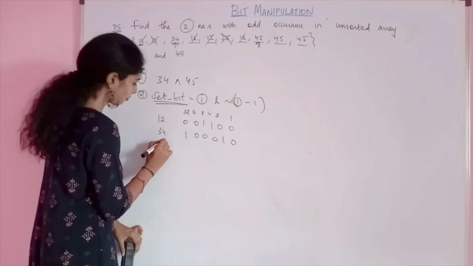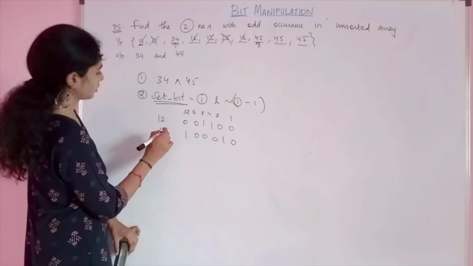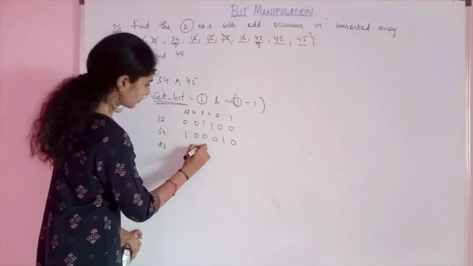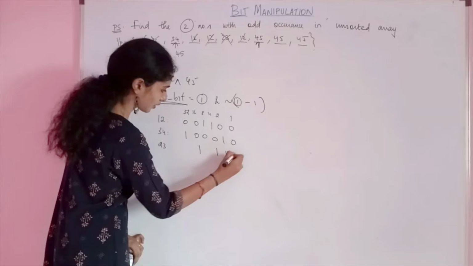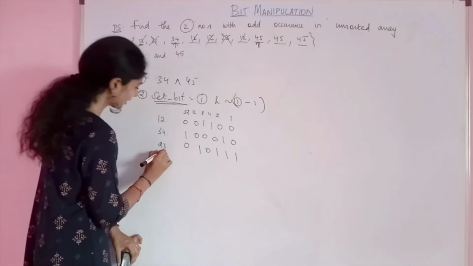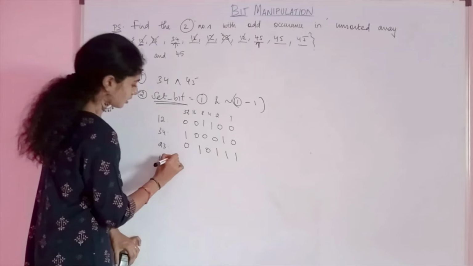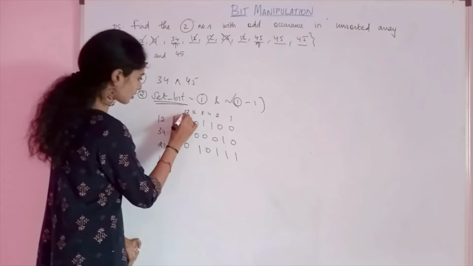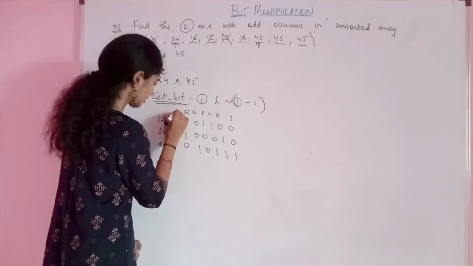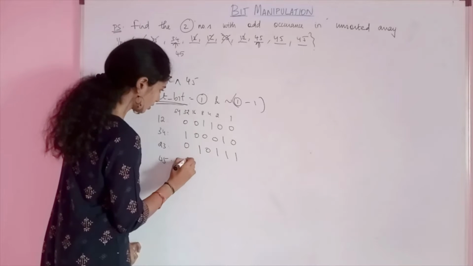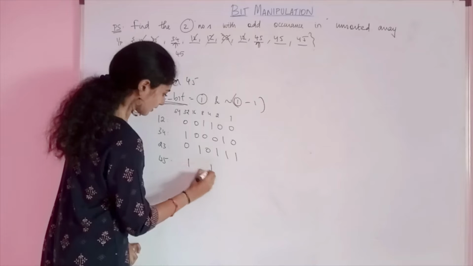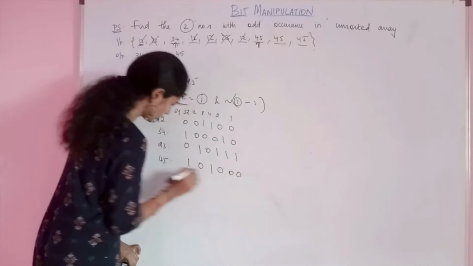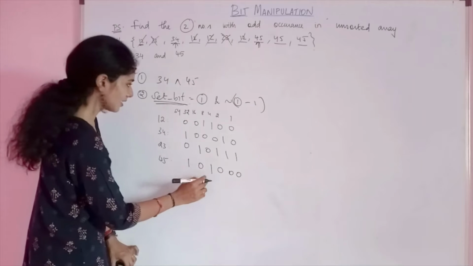Then we have 23: 16, 17, 19, 20, 21, 23. And then we'll be having 45: 32, 64, no, 32 plus 8, which is 40.